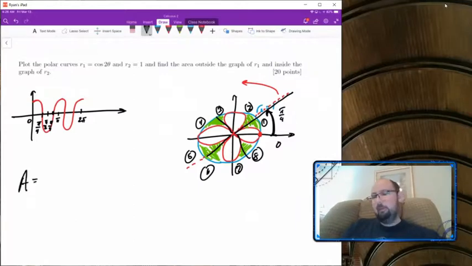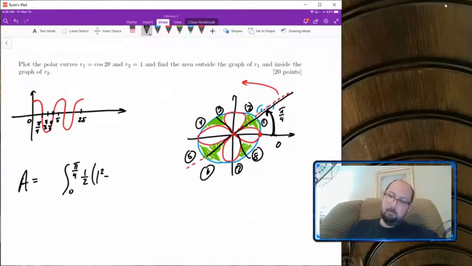So the area will be the integral from 0 to pi over 4 of 1/2 times the upper function squared minus the lower function squared. And it'll be 8 times that, because we've got 8 of these little portions.